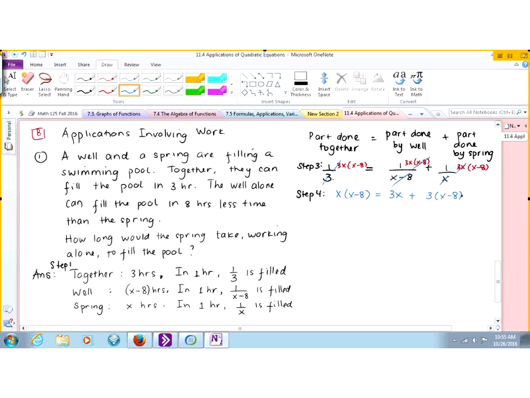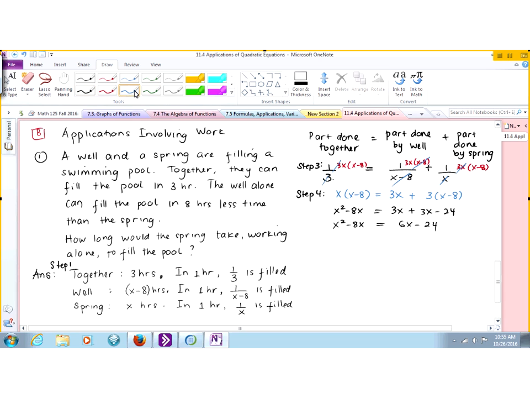Okay, so can we solve it now? Of course, right? So x squared minus 8x is equal to 3x plus 3x minus 24. Yes. X squared minus 8x is 6x minus 24.